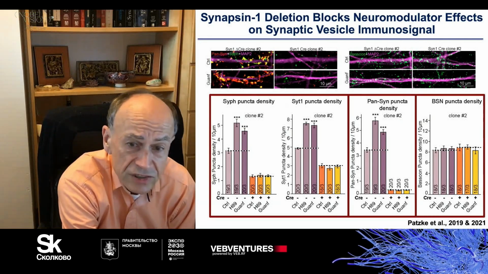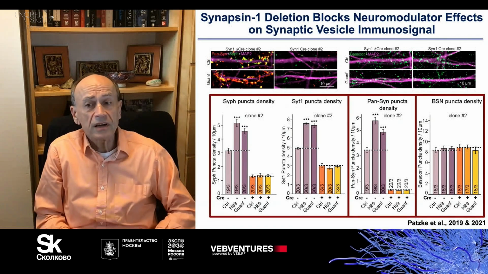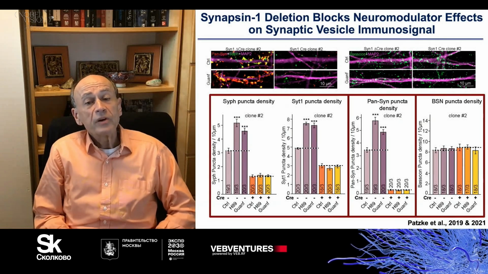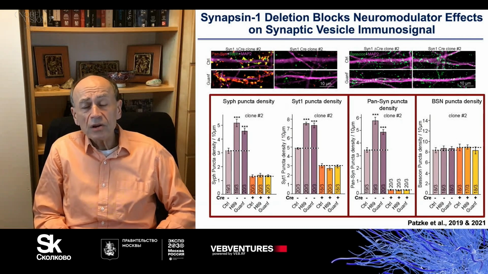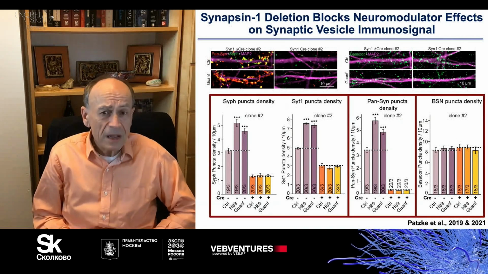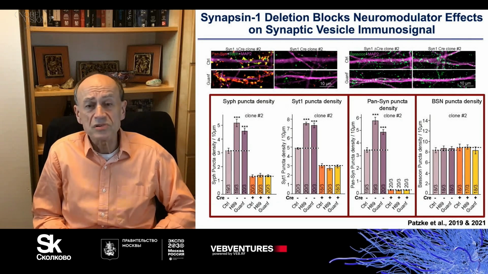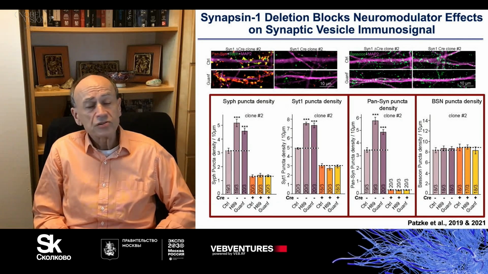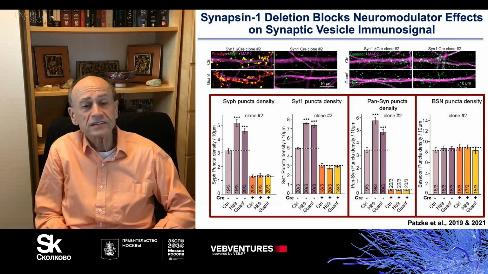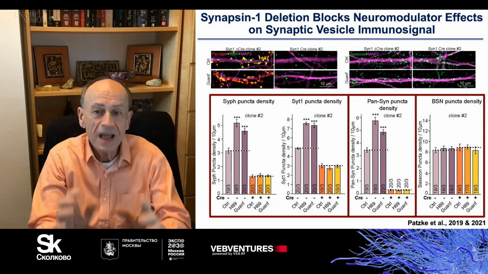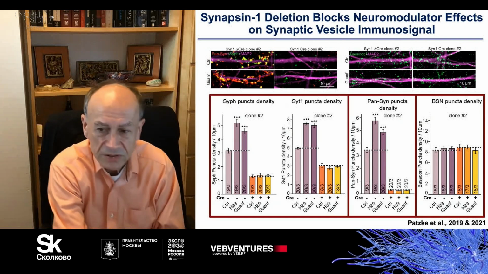And finally, as a control, when you look at synapse numbers, as shown with a general non-synaptic vesicle synapse marker, in this case, Bassoon, there's no change. So synapse numbers don't change with the presynaptic neuromodulators. It's specifically the synaptic vesicle numbers.